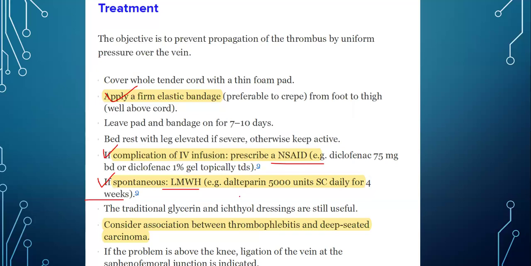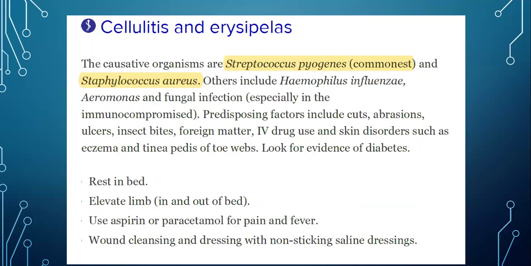Okay. But for the lower leg, and if it is a spontaneous one, you need to give low molecular weight heparin for 4 weeks, just to make sure that they don't develop any clot. No antibiotic.